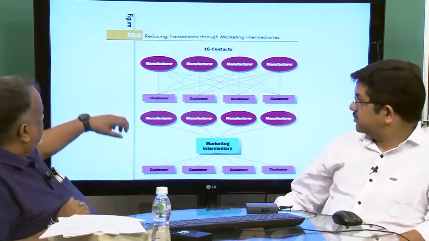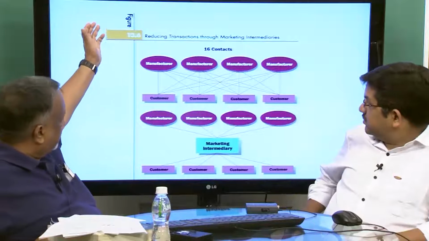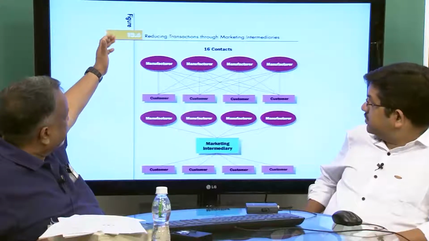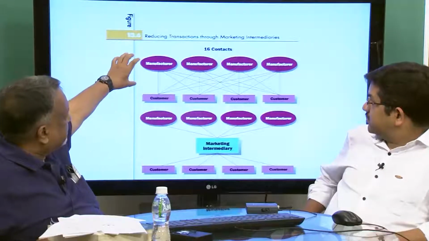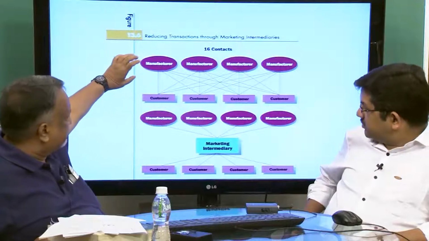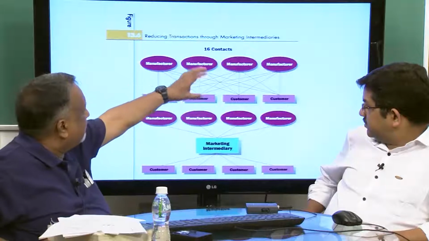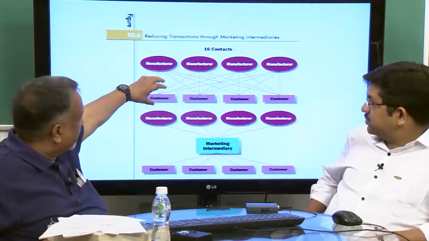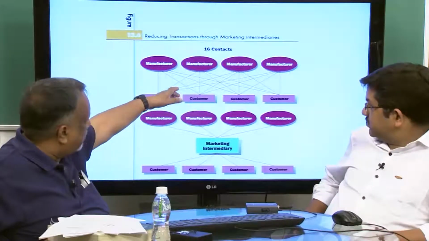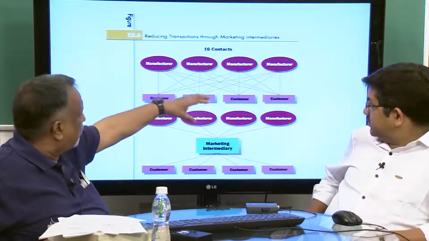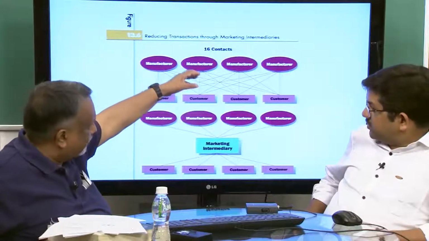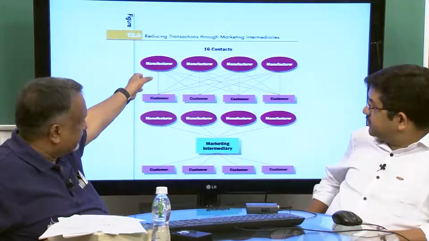And this diagram, which is taken from an older version of Kotler, shows the basic rationale for having a distribution channel. If the same customers had to buy from different manufacturers, with 4 customers and 4 manufacturers, we have 16 transactions.